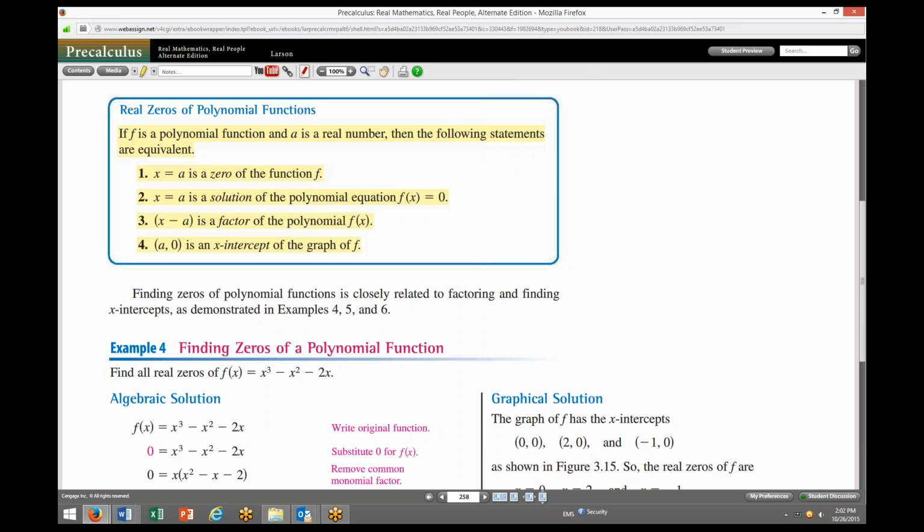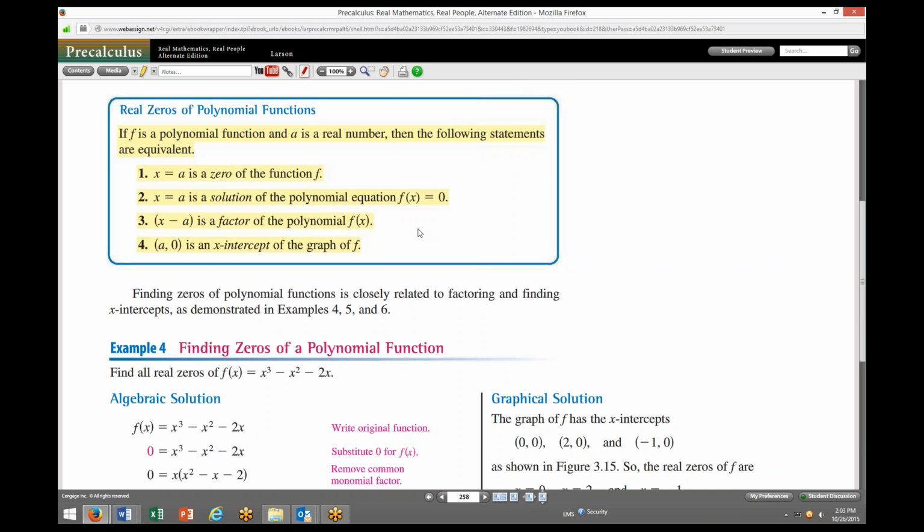So if we take the entire polynomial, no matter what its degree, and divide it by x minus that solution, 0, x-intercept number a, it will come out evenly in the division without any remainder.